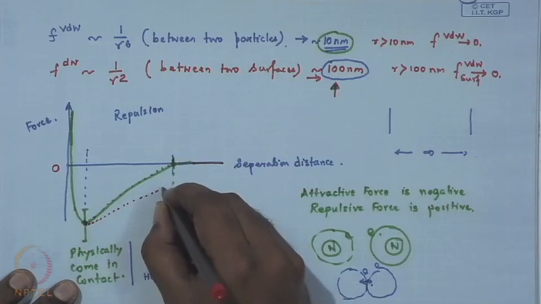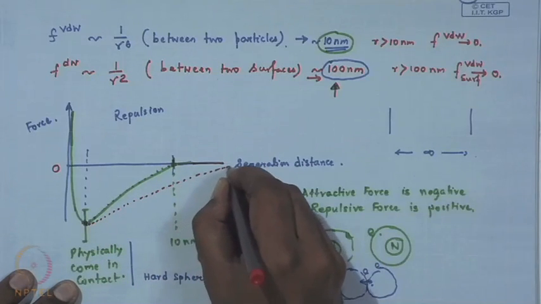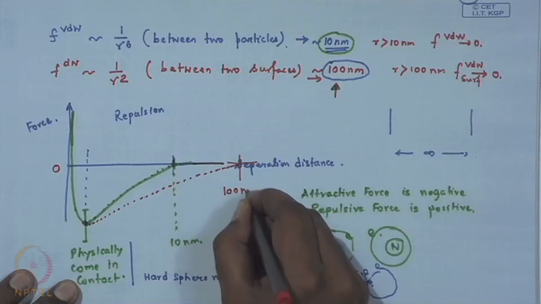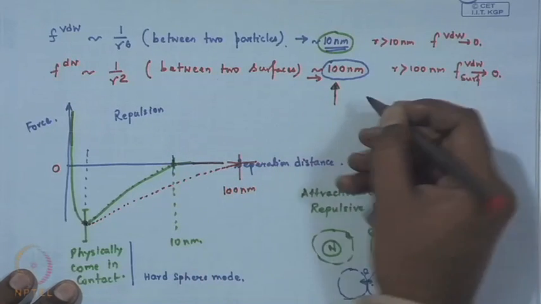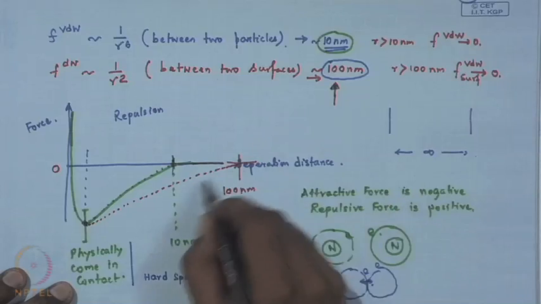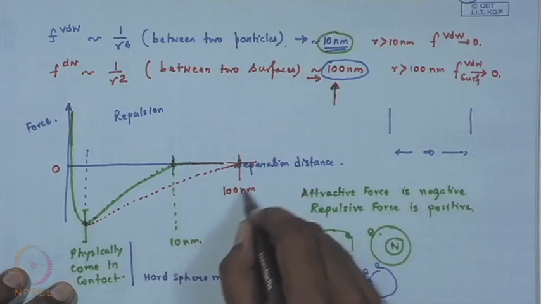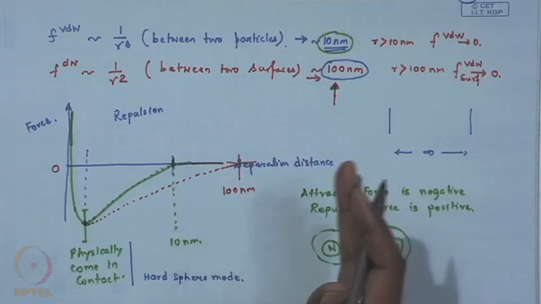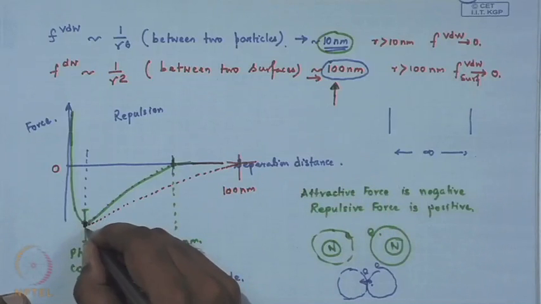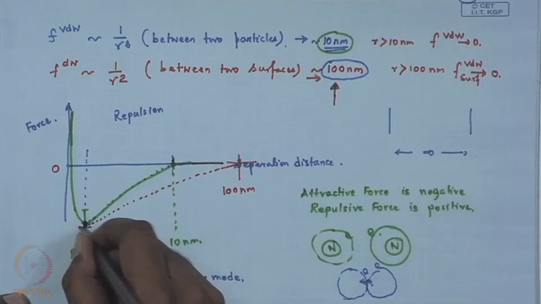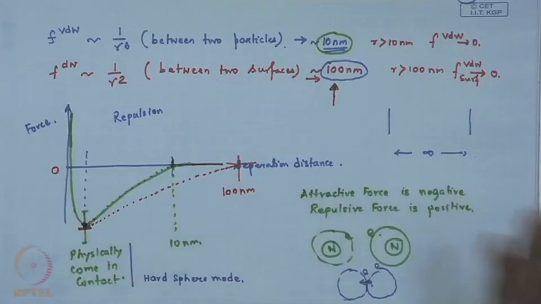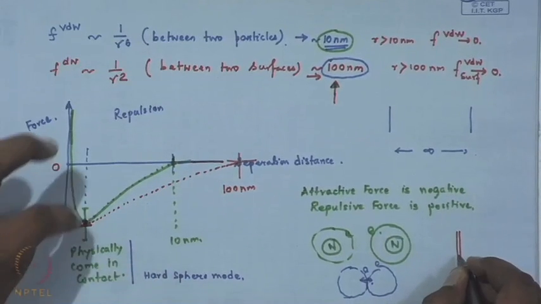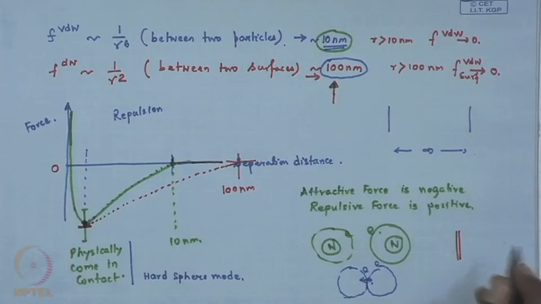The only difference is this interaction will now stretch longer, the decay will be slower. We understand that it stretches up to 100 nanometer. So, the decay will be a little sluggish, and the remaining part of the curve remains pretty much the same. Here it reaches a maxima in terms of the attraction, beyond which a repulsion starts. Which means that at this point the two surfaces come in direct contact.